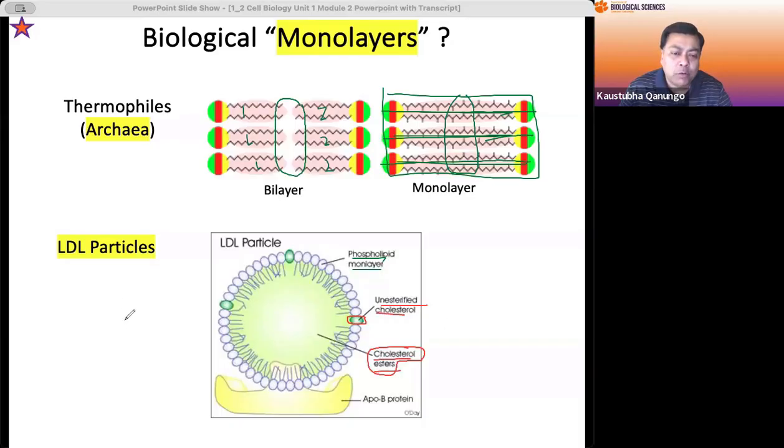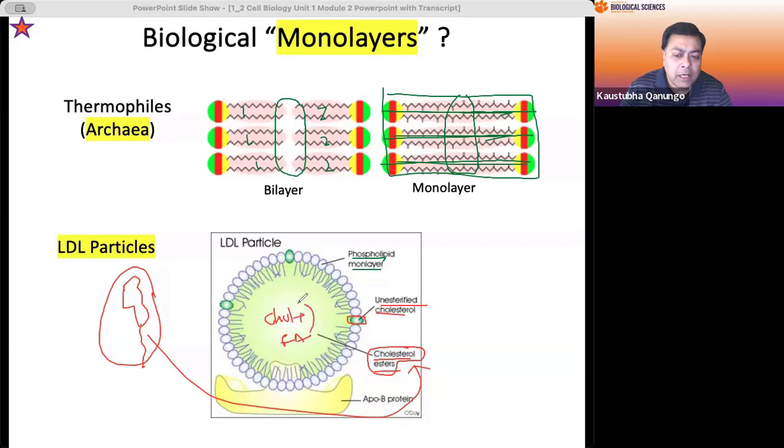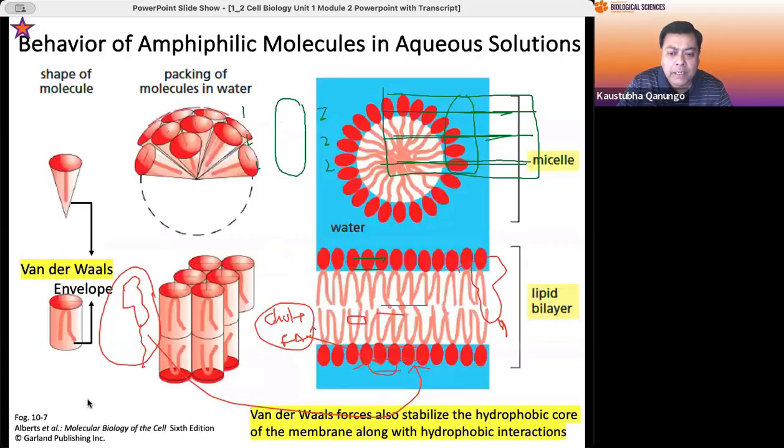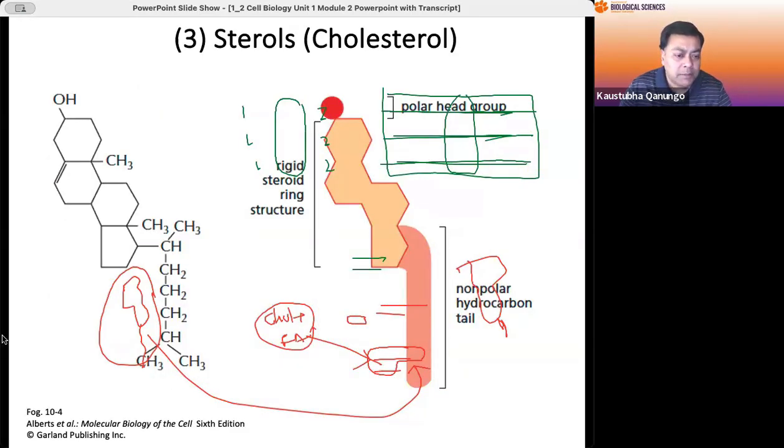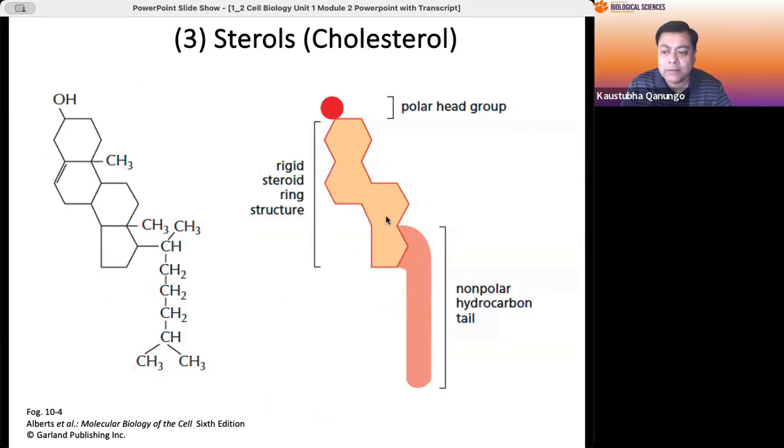An esterified cholesterol is one where you have the cholesterol, and if a fatty acid tail is attached to it, we call that esterified cholesterol. Think about it this way: the inside part is cholesterol plus fatty acid bonded together in the cholesterol esters, not all of them. On the other hand, this is the cholesterol, which has the same structure we saw before. Just give me one sec here. This is the entire structure.